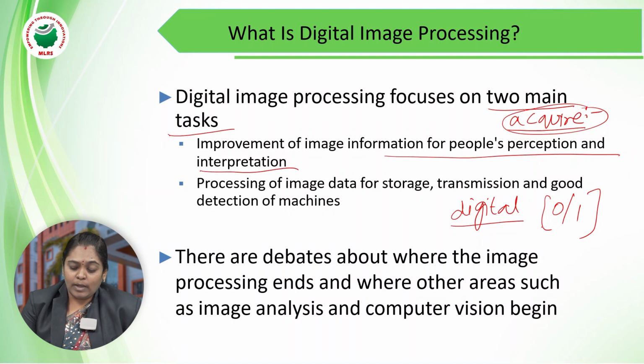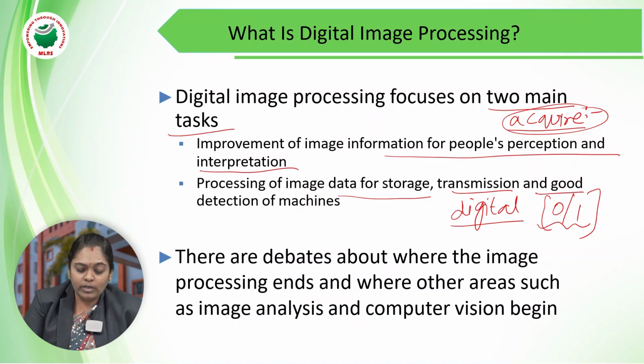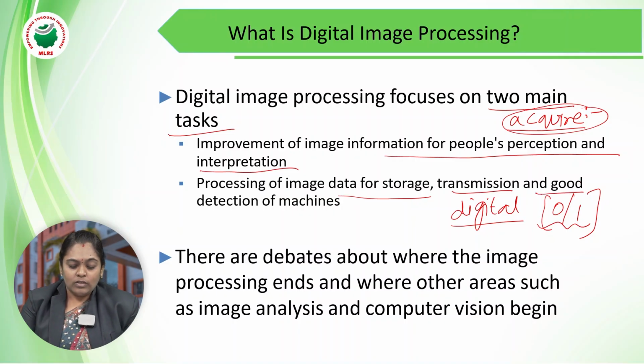If the number of bits used to store the image is as small as possible, that itself indicates the memory required for storage of the image is less. So the second focus is processing of image data for storage as well as transmission and good detection by machines.